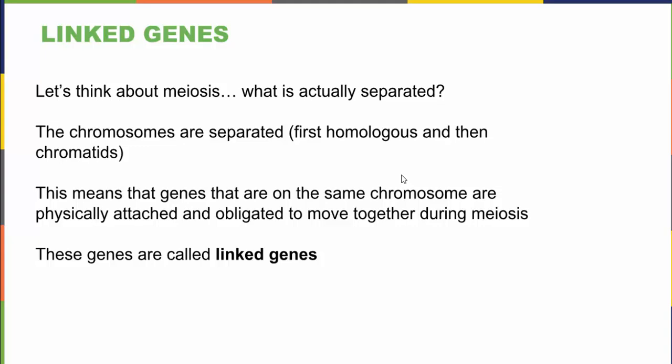It would be too difficult to separate them all individually. So instead, we just make sure that each gamete gets one copy of each chromosome. And then we assume that means they get one copy of each gene because there's only certain genes on certain chromosomes. But things that are both on the same chromosome are always obligated to travel together during meiosis. So they're called linked genes if they're on the same chromosome.